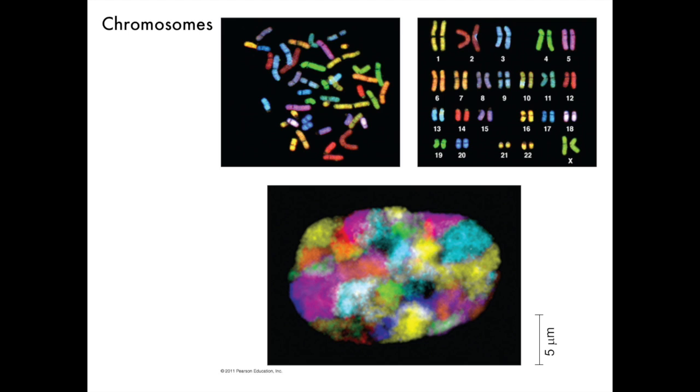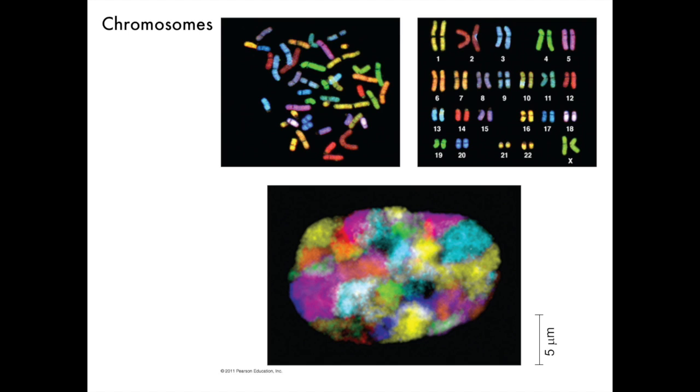So what you can see in this picture is that when the cell is normally doing its thing, it's not dividing, the chromosomes are not condensed into these linear forms. They're in this sort of shape here. They're more diffuse. They're sort of unpacked, and they're all in different regions throughout the nucleus.